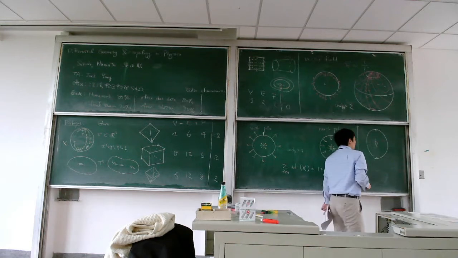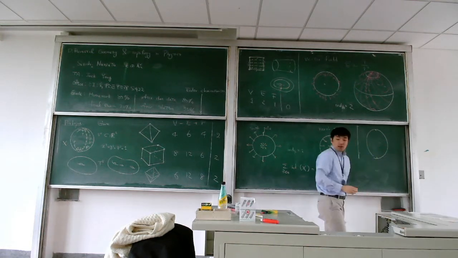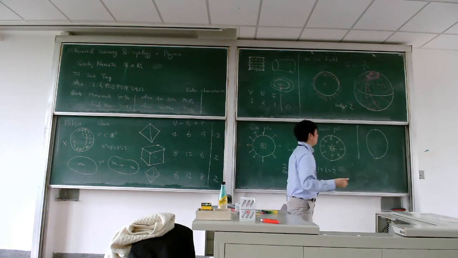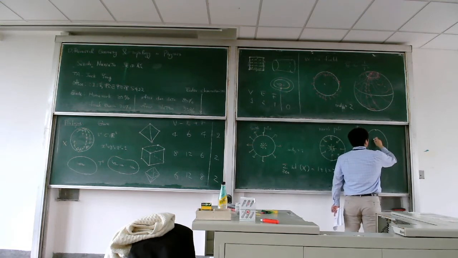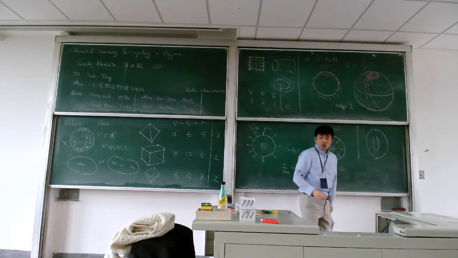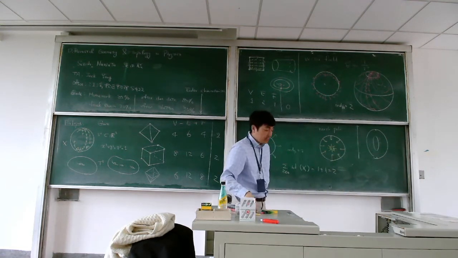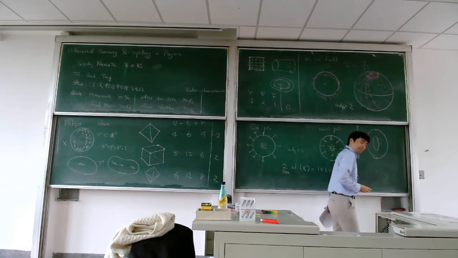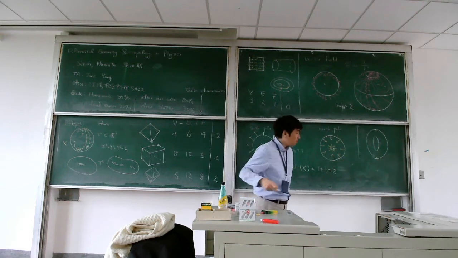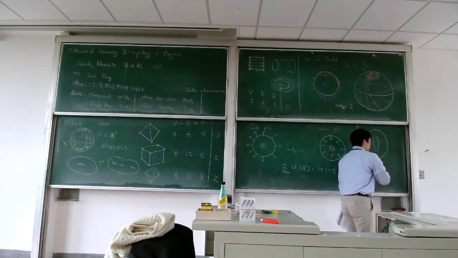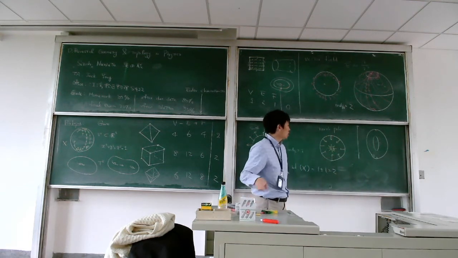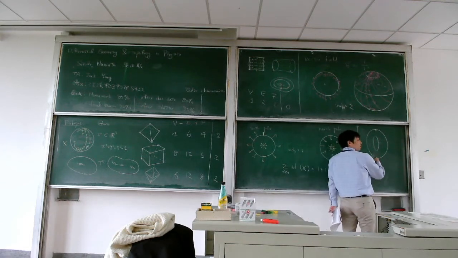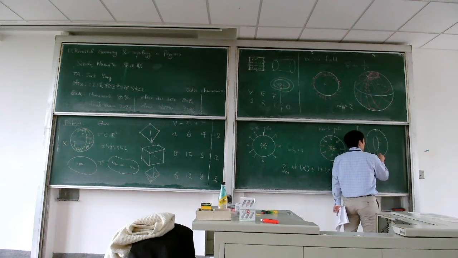Okay, and there is something going on in the middle. So let's write down like this. And if you use this height function and the gradient vector field of this height function, what's going to happen is as follows. So the vector field starts from here, and it's a zero of the vector field, and it goes upwards.